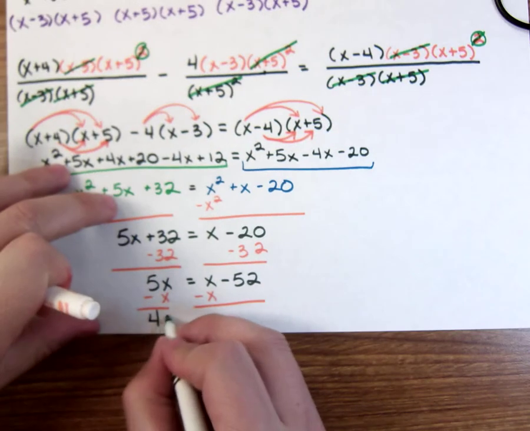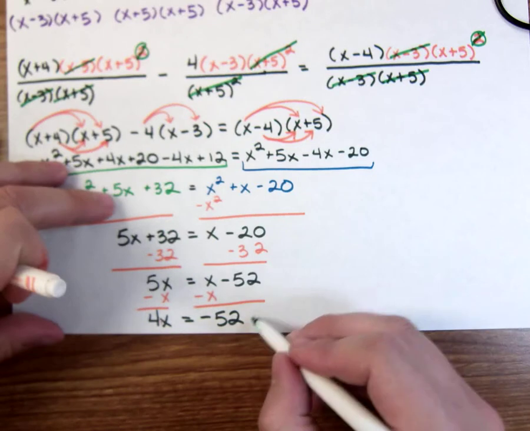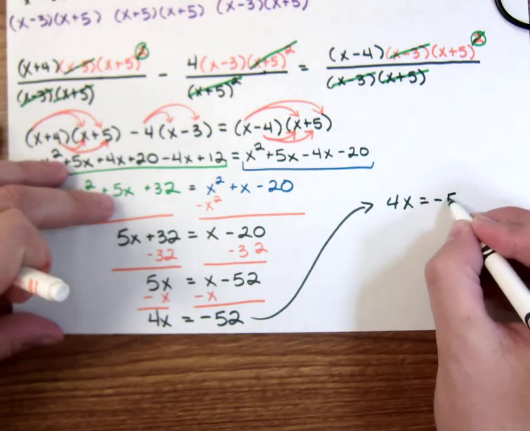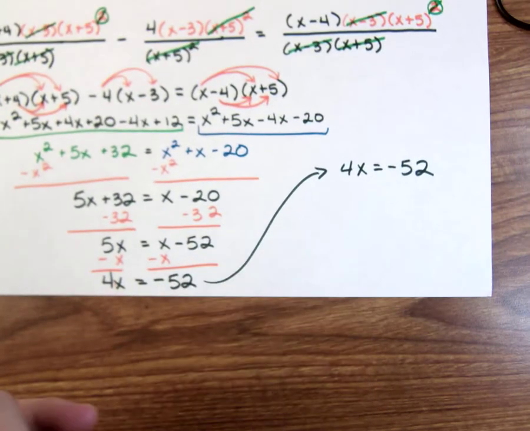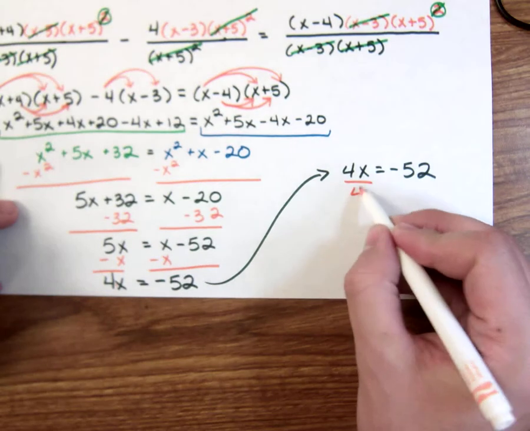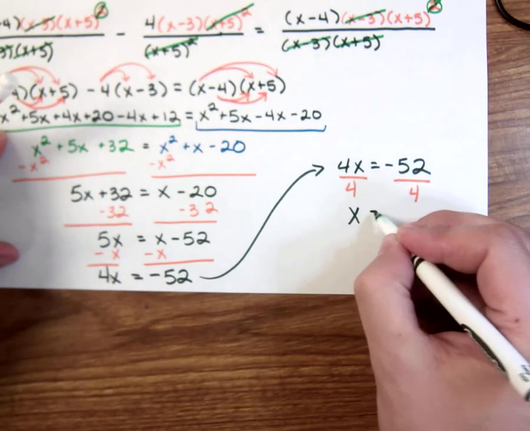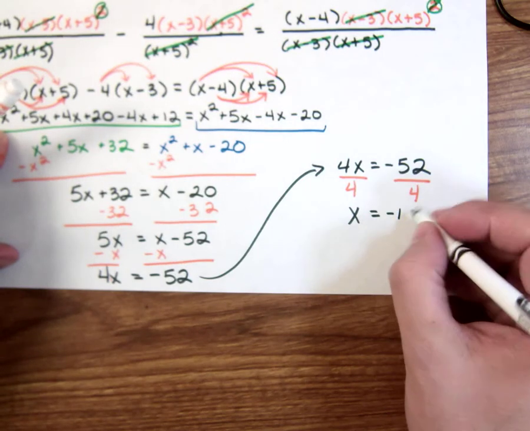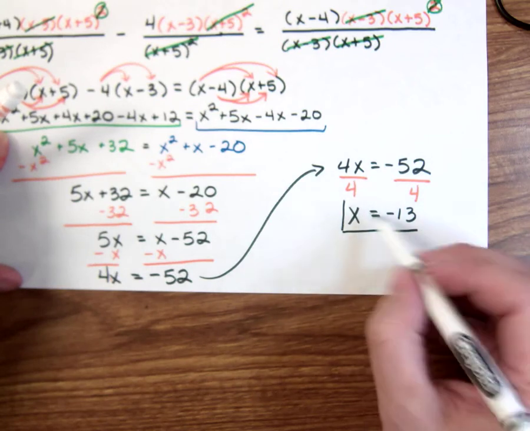So 4x equals negative 52. I am now out of space, so I'll continue up here. Then what? Divide by 4. So x equals negative 13. So the answer is no solutions.